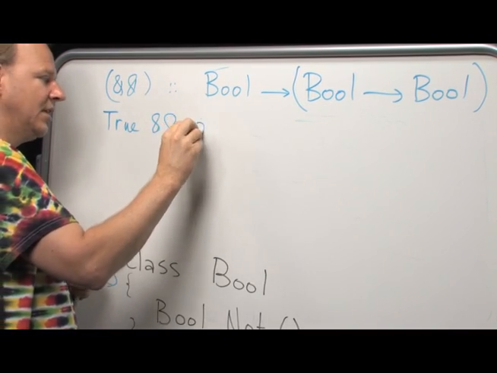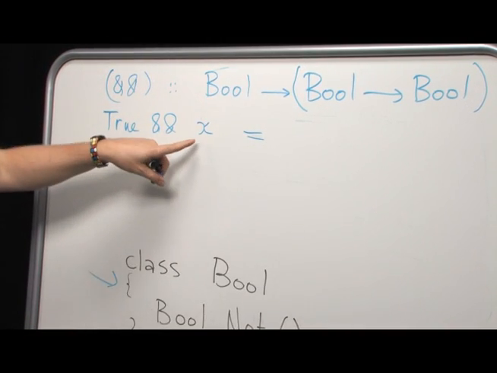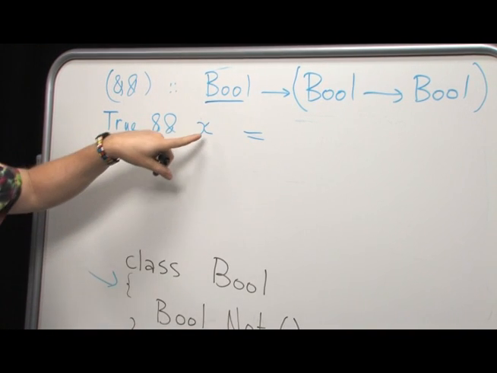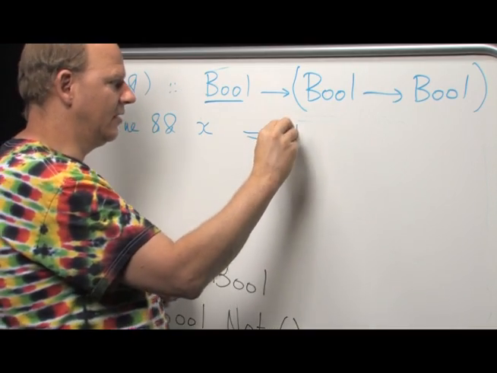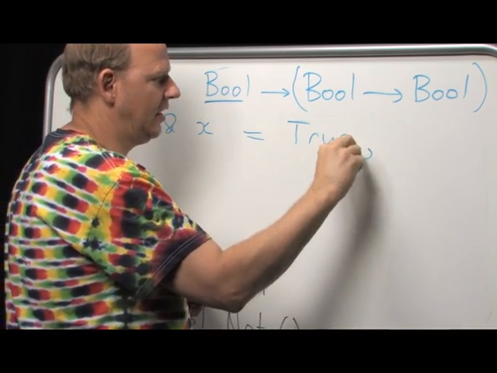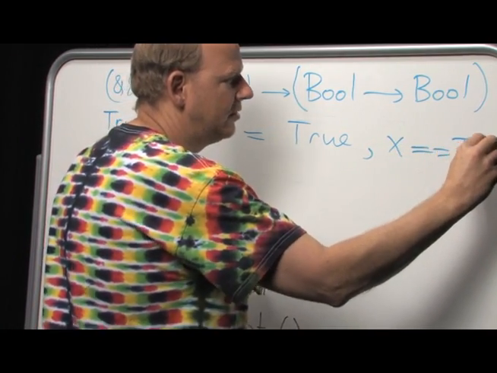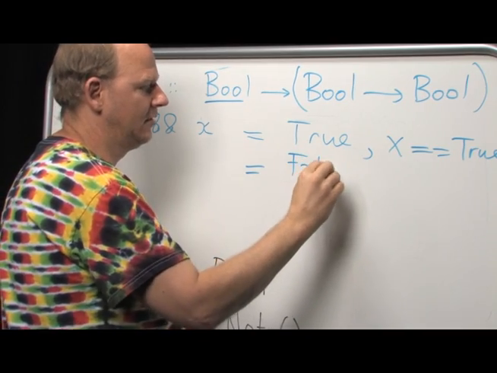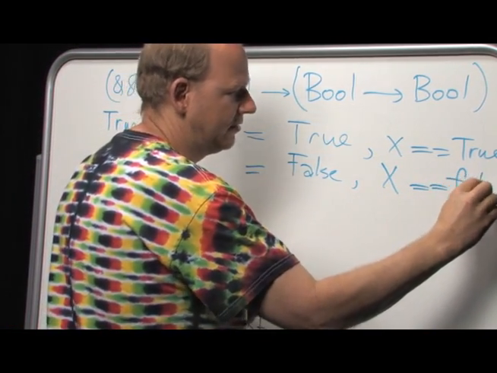Given true and x, because I do pattern matching on this argument, and then I just leave this one as x, and then here I would say, that is true if x equals true, and it's false if x equals false.